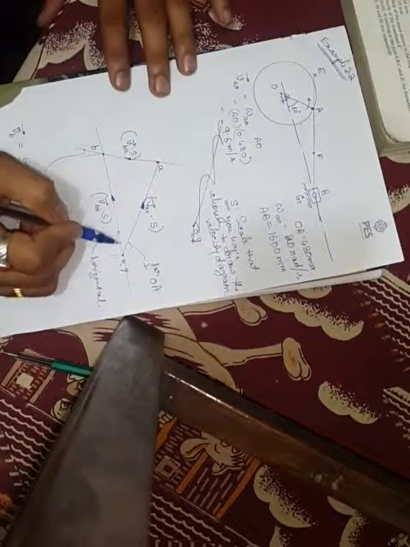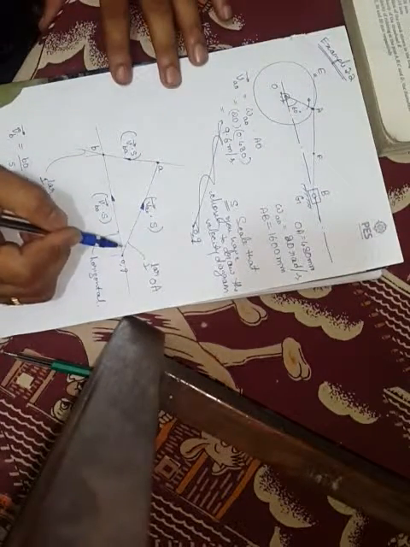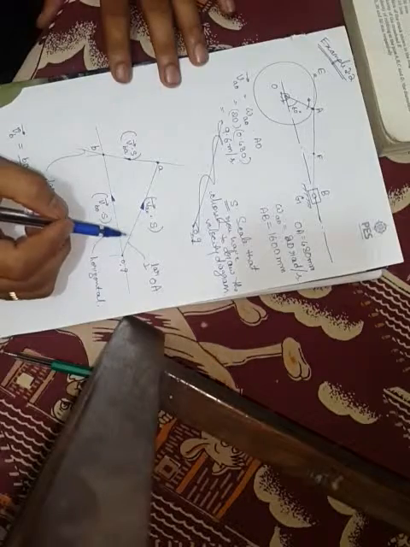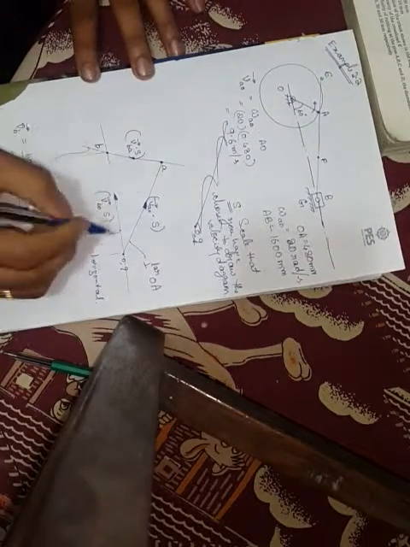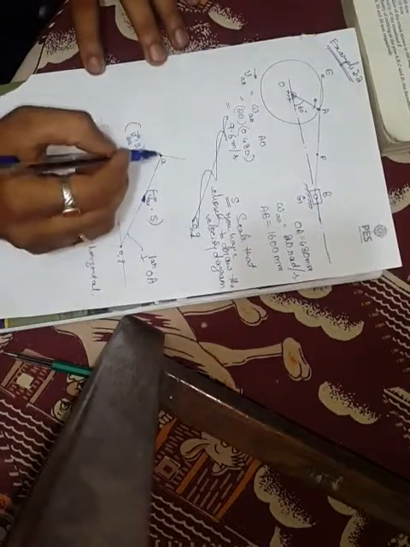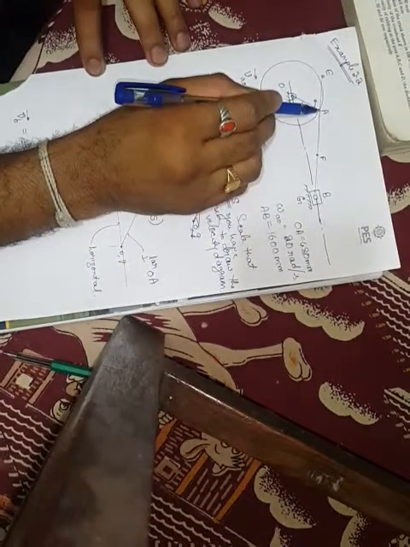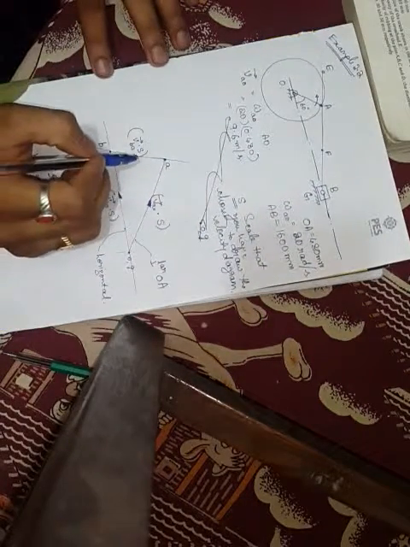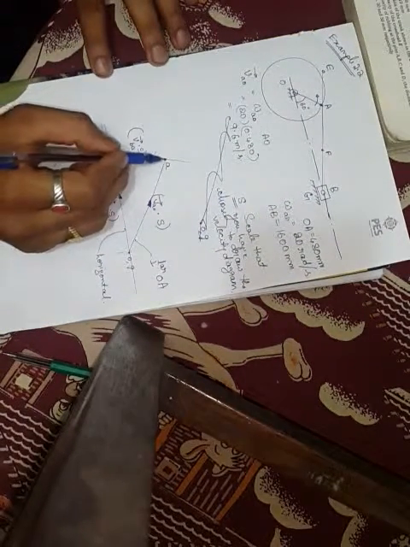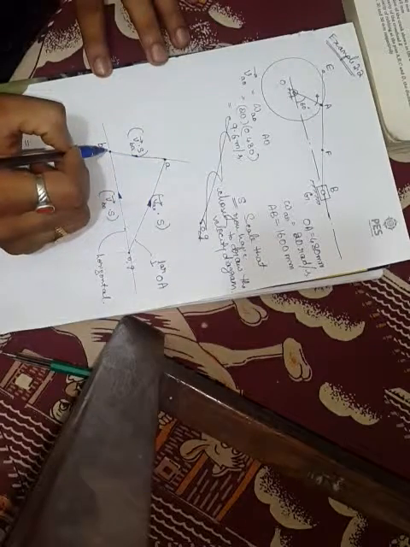So now we'll proceed further to find out the point of minimum velocity. For that, we find out that the point F is to be lying on the link AB. So on the velocity diagram, the velocity of point F should also lie on this line, right?